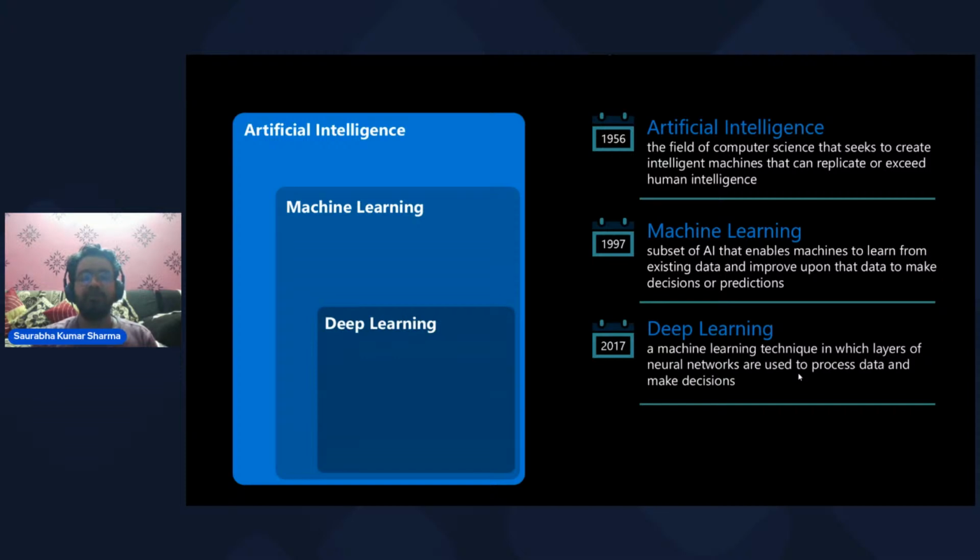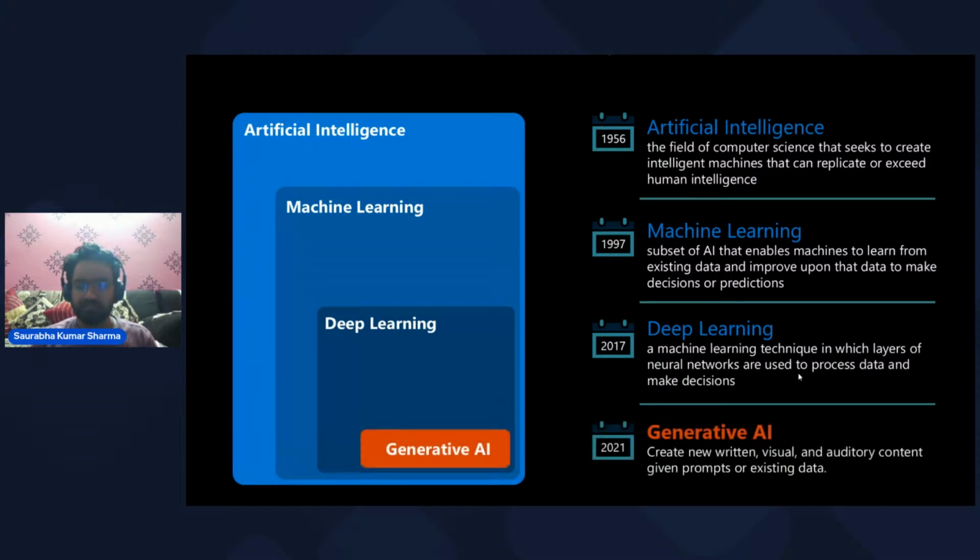Next, in 2017 we get the term deep learning, which is an inner part of machine learning. It is a machine learning technique in which layers of neural networks are used to process the data and make decisions. Whatever data you provide is used to give a decision.